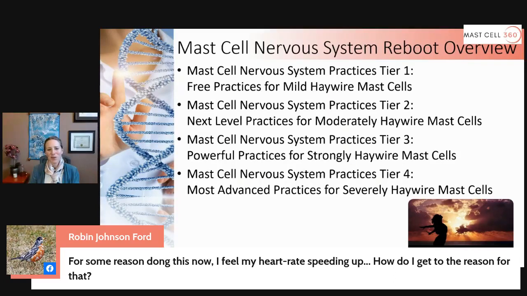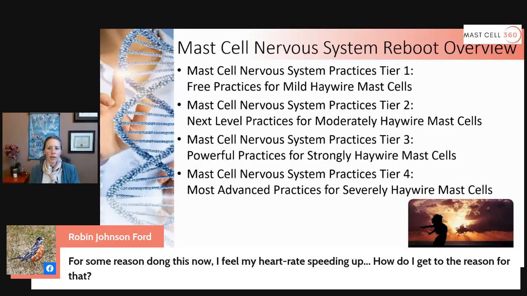Now, if you have a dear friend showing up at your doorstep, you probably don't grab their arm and pull them in. That would feel aggressive, right? And you don't want to grab your breath and pull it down. That feels aggressive to the nervous system. We just invite it. You just have to have the intention for it to slow down. And over time it will at its own pace. So let it go at its own pace. Let you go at your own pace. Don't try to force it.